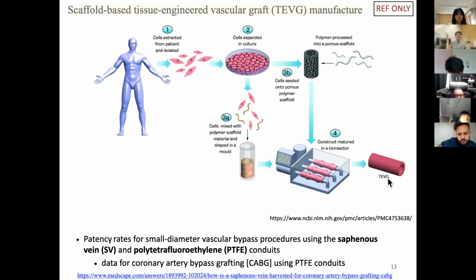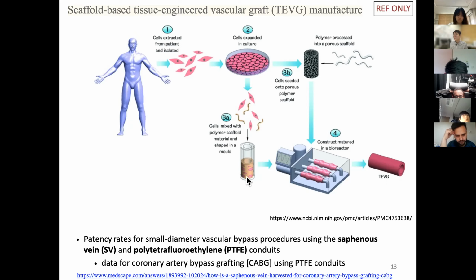Then comes the question of how good this artificially made tissue engineered vascular graft is. People have already studied this, and the conclusion is that so far, taking your own vein vessel and using it for a graft has always been better than the artificial one. But there are cases where the patient suffers from systemic vascular disease, and it might not be possible.